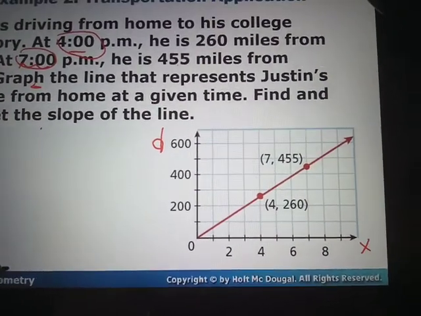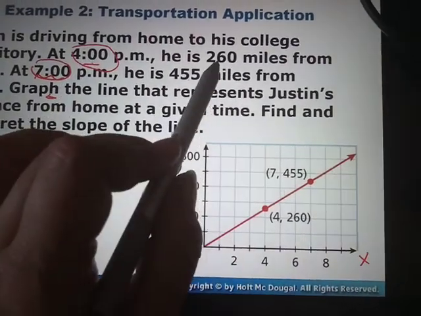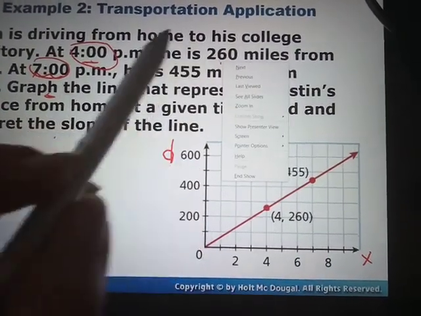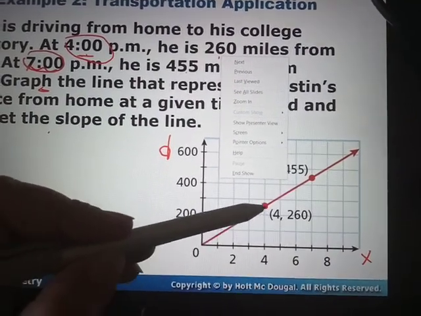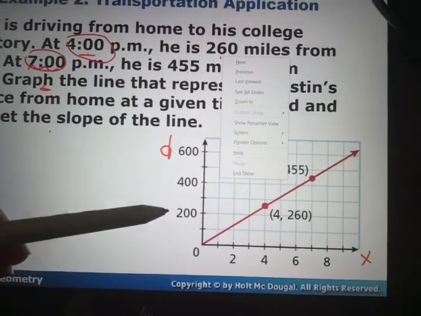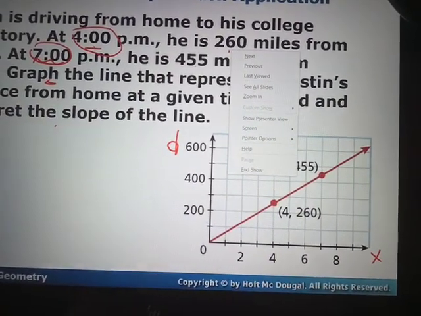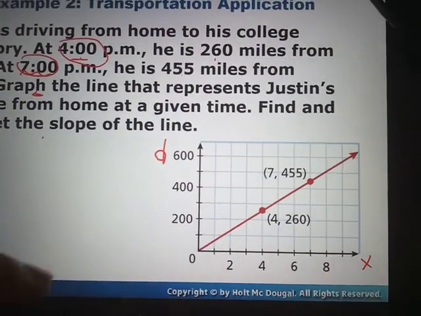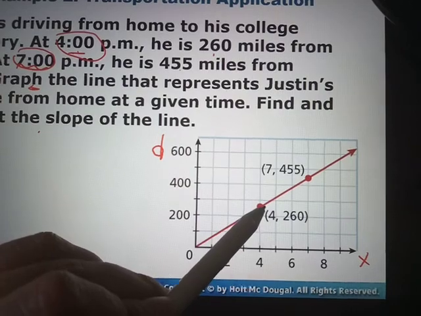Locate the 2 points. At 4 o'clock, the distance is 260. So 4 o'clock, 260, is more than halfway between 200 and 300, because it's 260. Okay, so this point is 4 and 260.